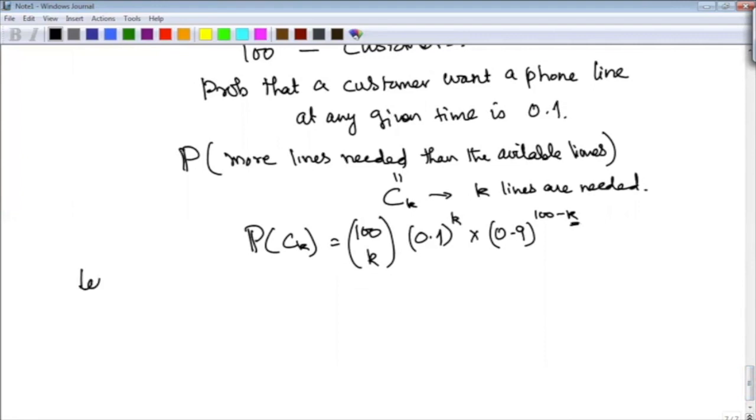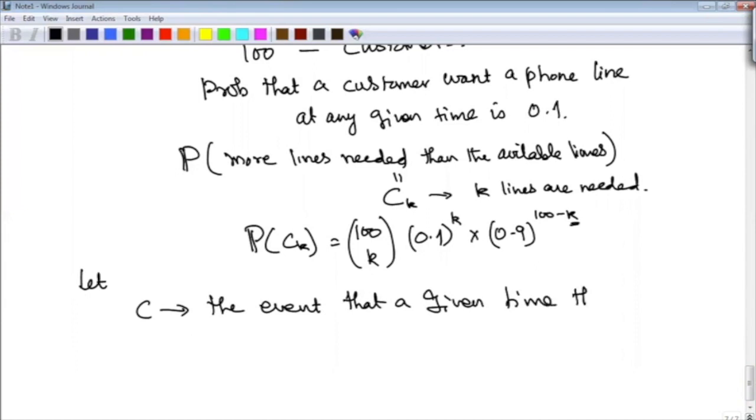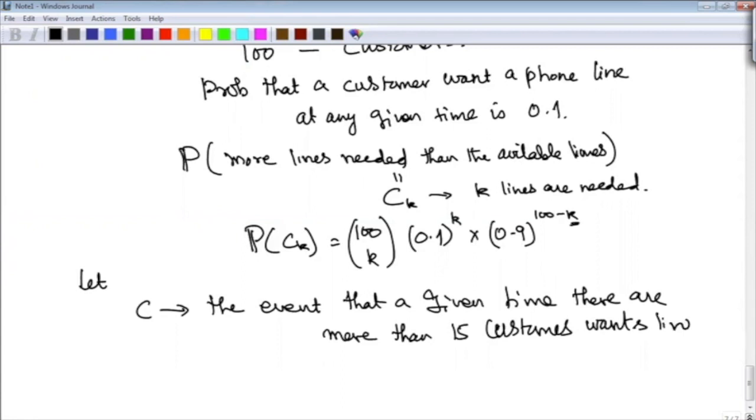Now let C be the event that at a given time there are more than 15 customers who want a line.